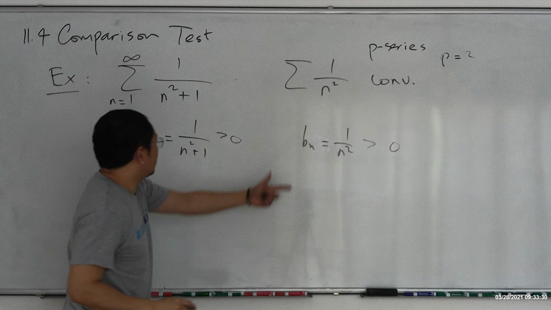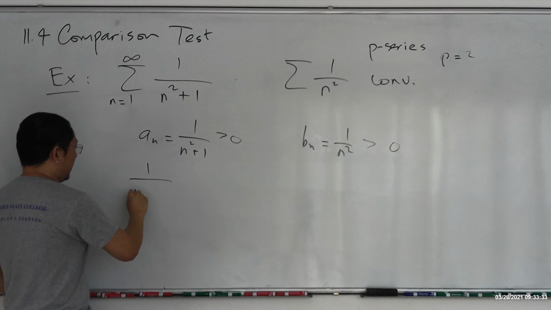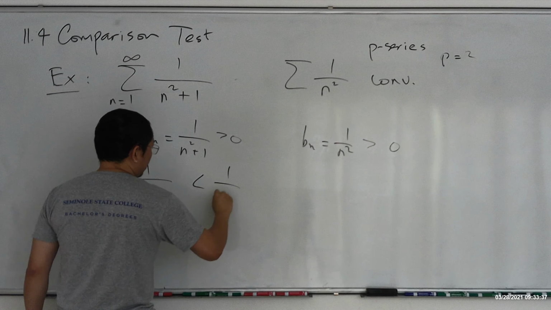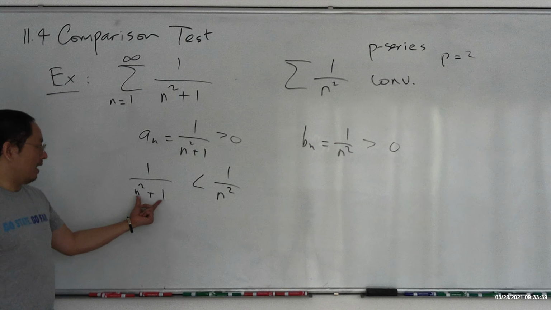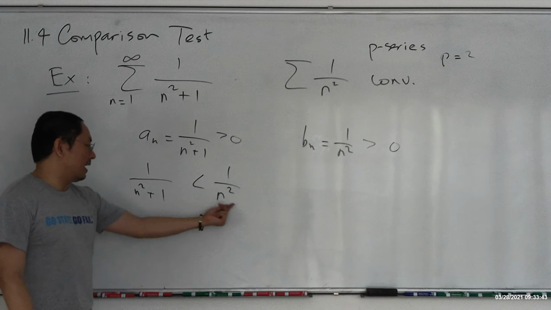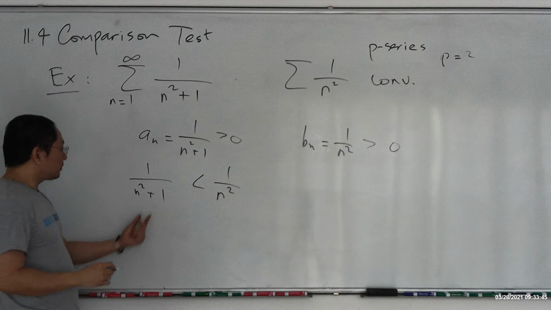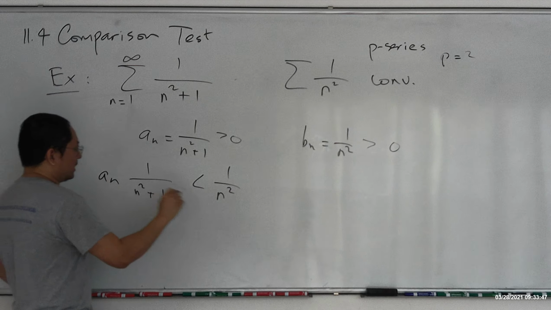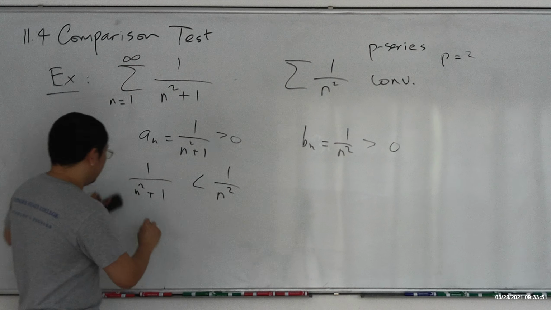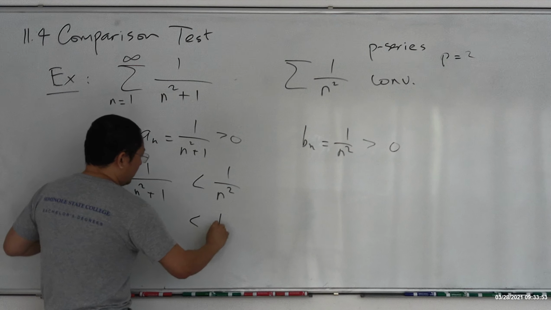Let's compare the two terms. Is 1 over n squared plus 1 smaller than 1 over n squared? Yes, because they have the same numerator, and this denominator is bigger than that denominator, so this fraction is smaller. So AN is less than BN. I'll write it down here: AN less than BN.